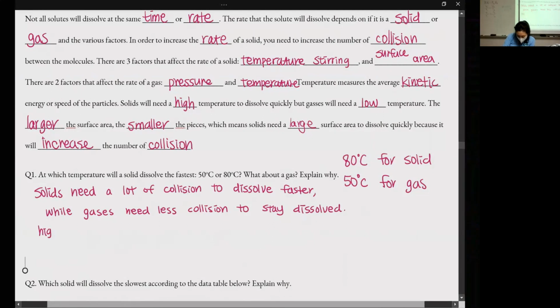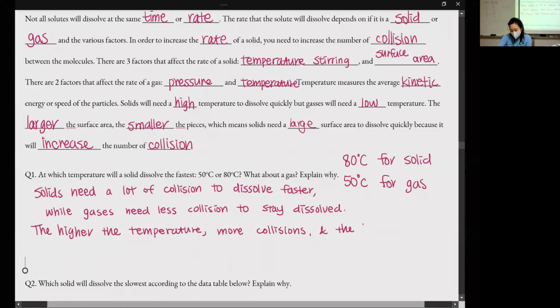The higher the temperature, more collision; the lower the temperature, less kinetic energy.